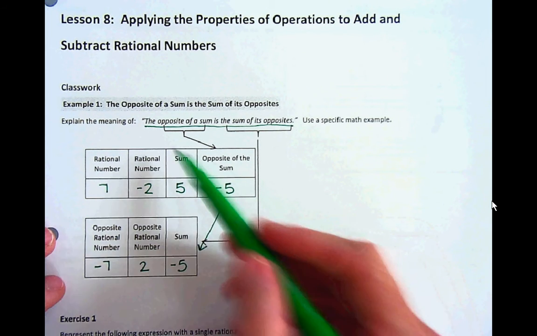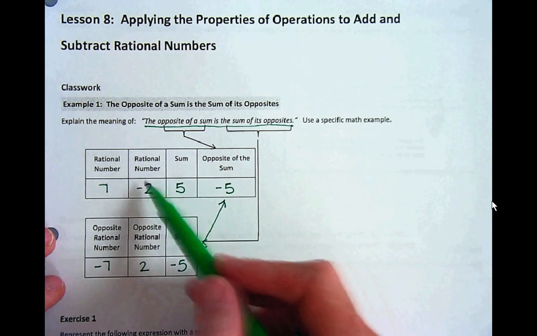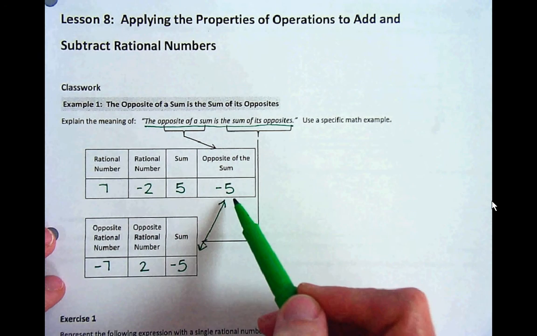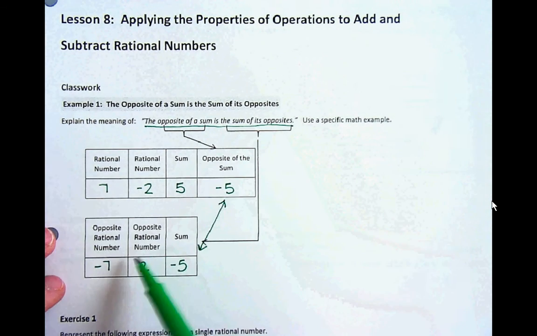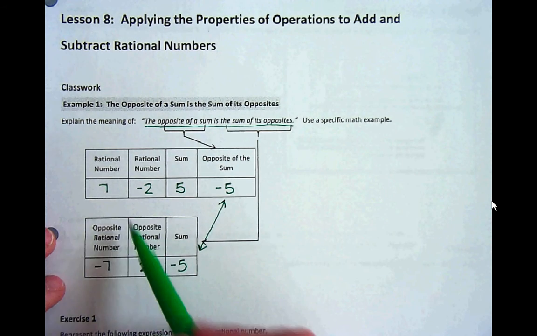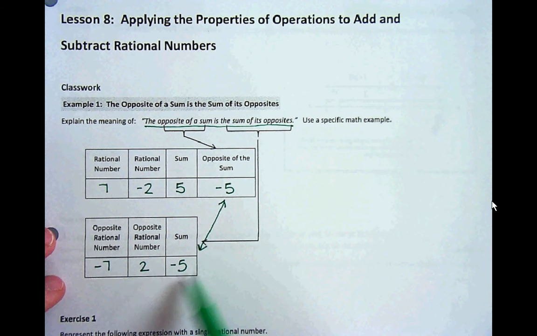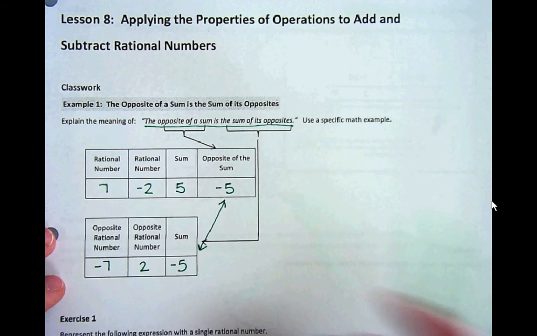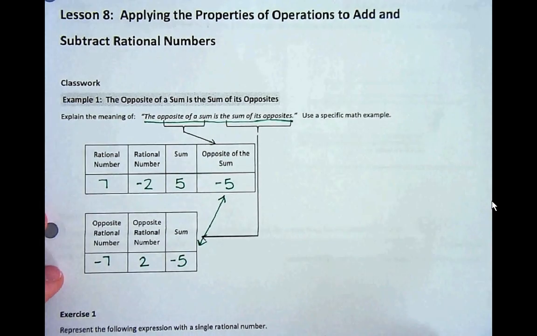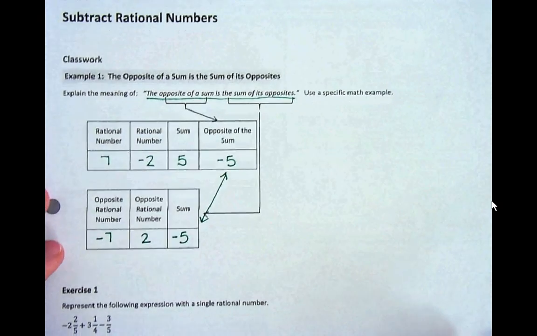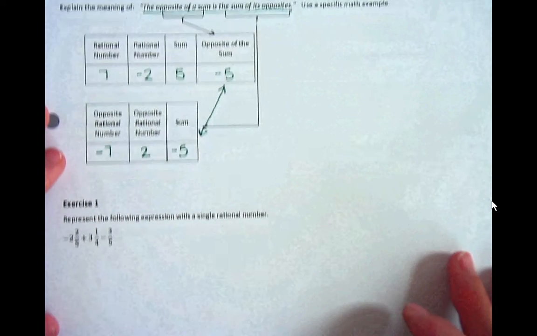Here are our two original numbers, and here's the sum. This is its opposite, which is the sum of its opposites. So if I take the opposite of those two addends, the p and q value, I get that same opposite number. We're taking a look at that statement, the opposite of a sum is the sum of its opposites, because we can use that fact to help make problems a little bit easier to solve.